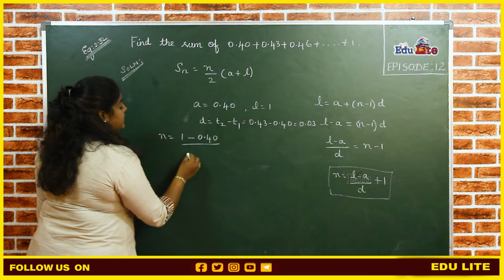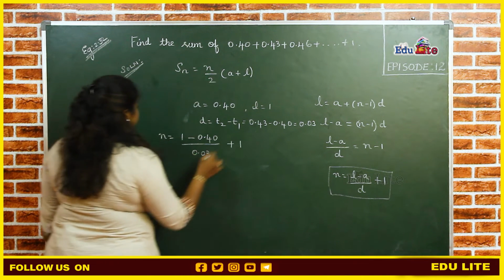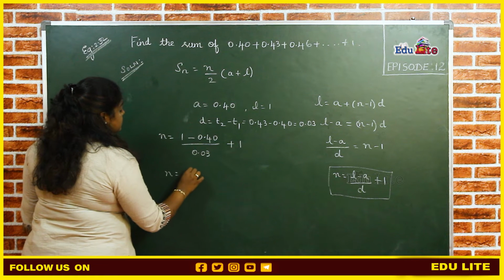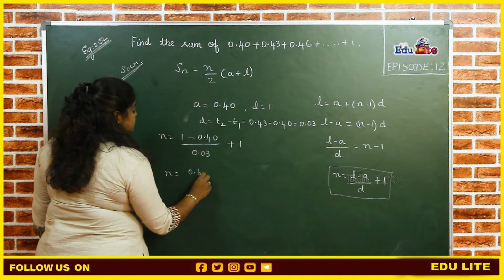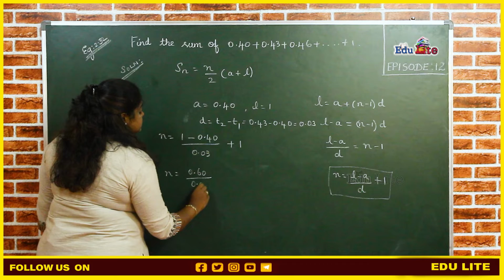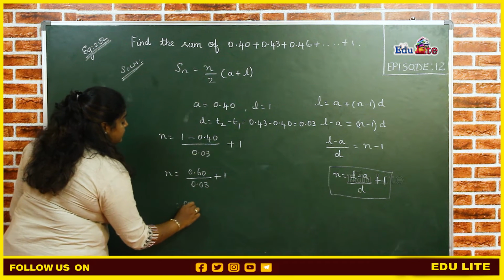Therefore, the value of d is 0.03, plus 1. We will simplify this. n is equal to 1 minus 0.40 is 0.60 divided by 0.03, plus 1.